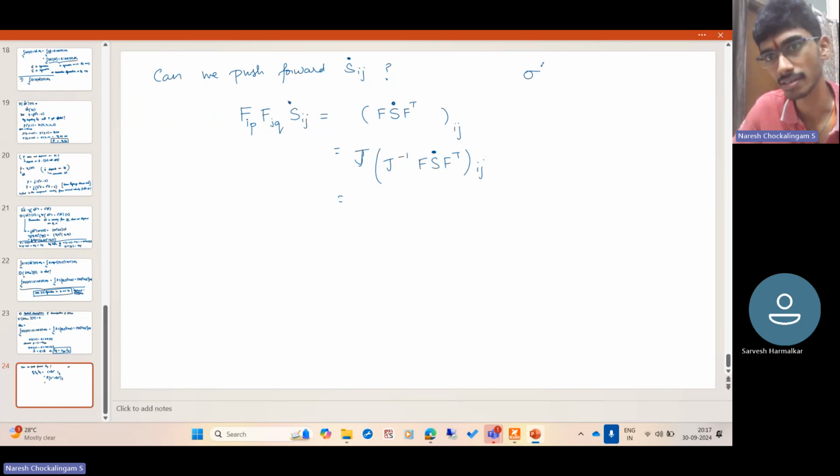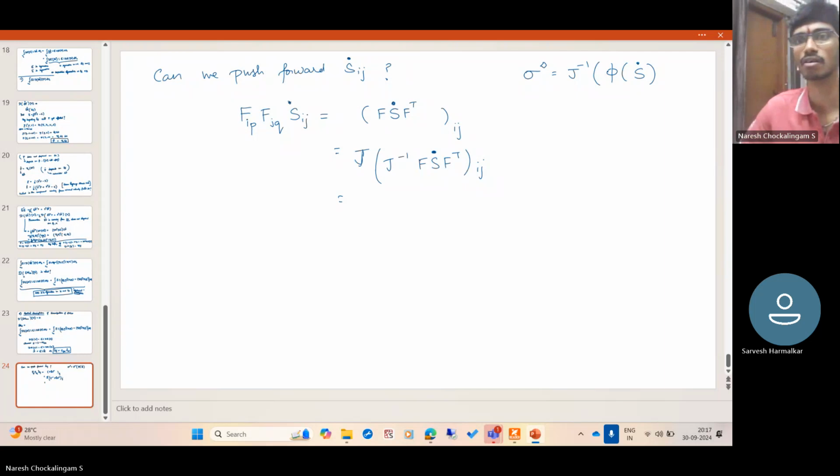That is nothing but the Piola transform of, is J inverse of the push forward of S dot, right?